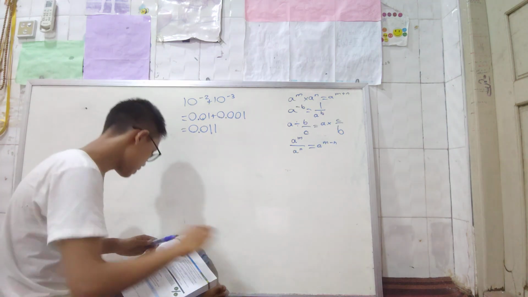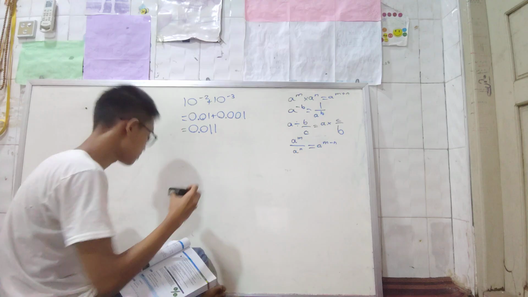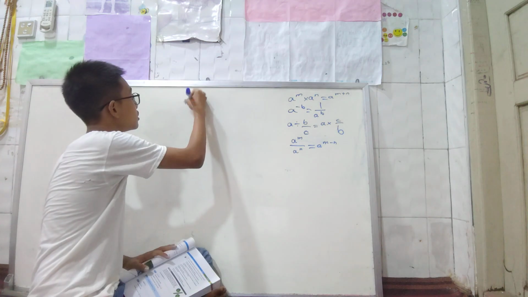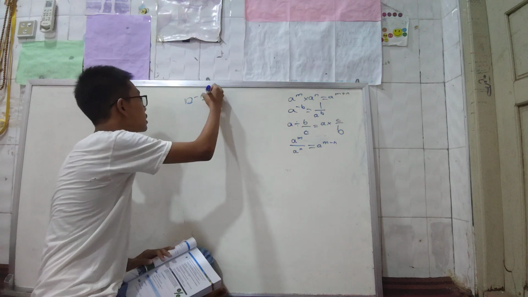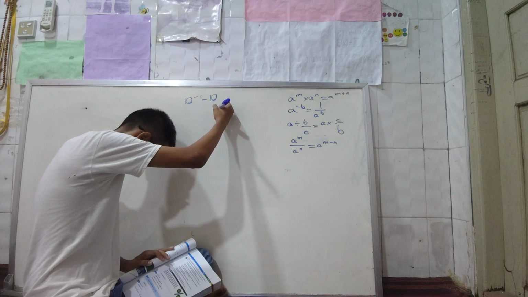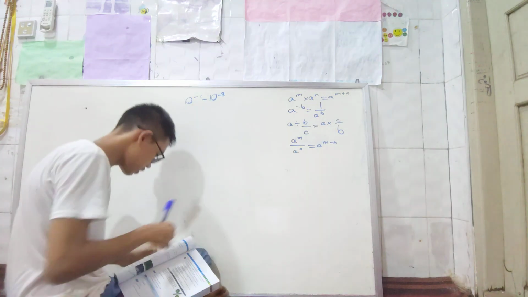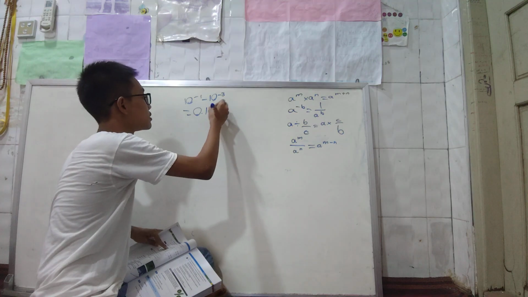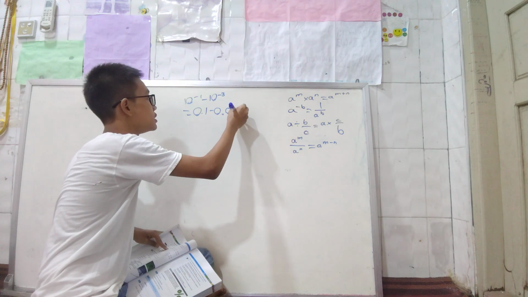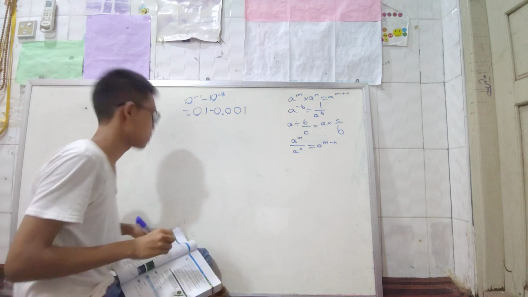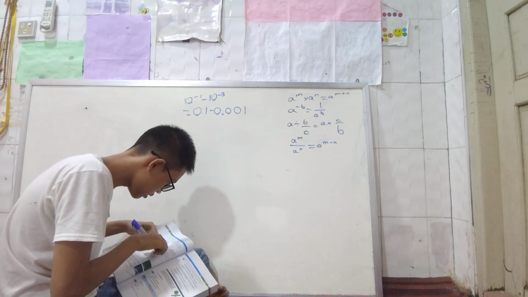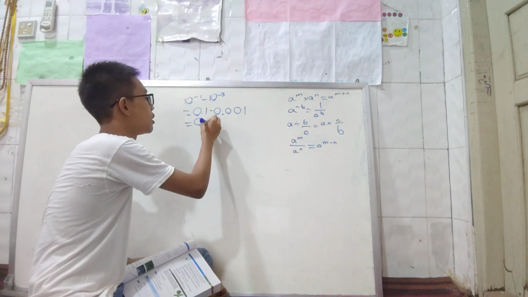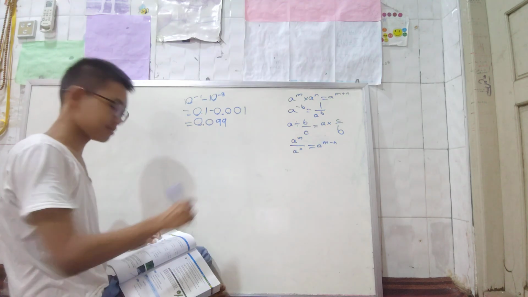Got it? So number 4 is 10 to the power of minus 1 minus 10 to the power of minus 3. Wait, let me see. That's number 4, right? So 0.1 minus 0.001, which is then equal to 0.099. Get it?